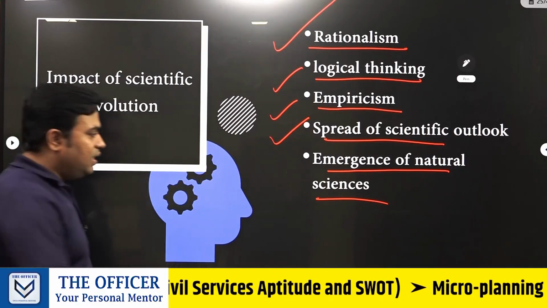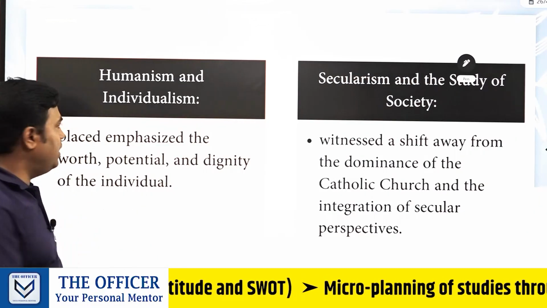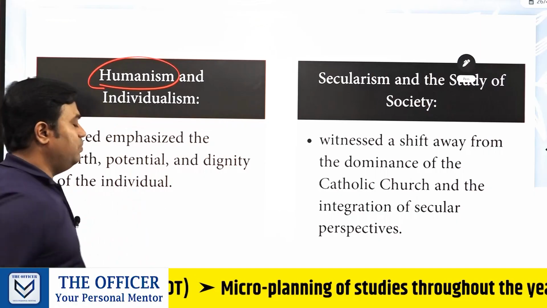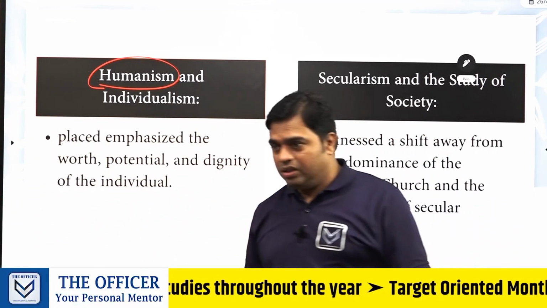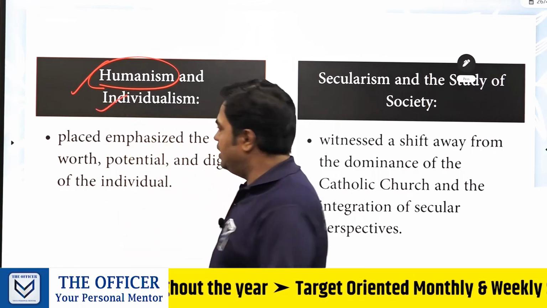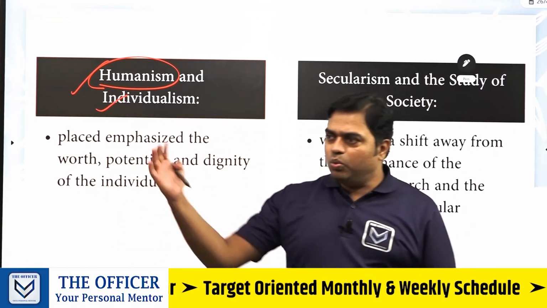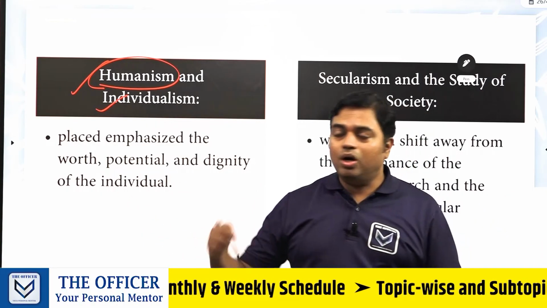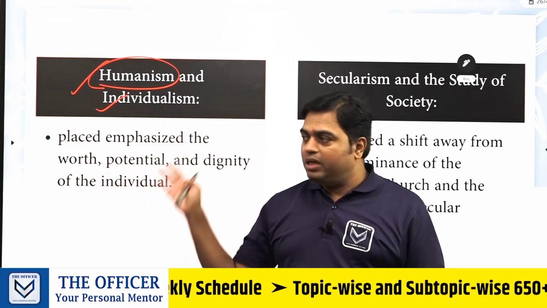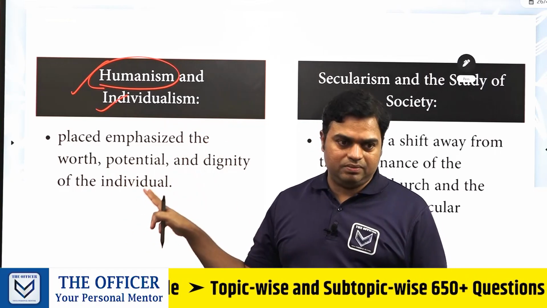But with the scientific revolution and commercial revolution, the point you just mentioned a while before, Azad, humanism and individualism. Because of the work of all this commercial revolution and scientific revolution and all those great artists, human became the subject matter of everything.